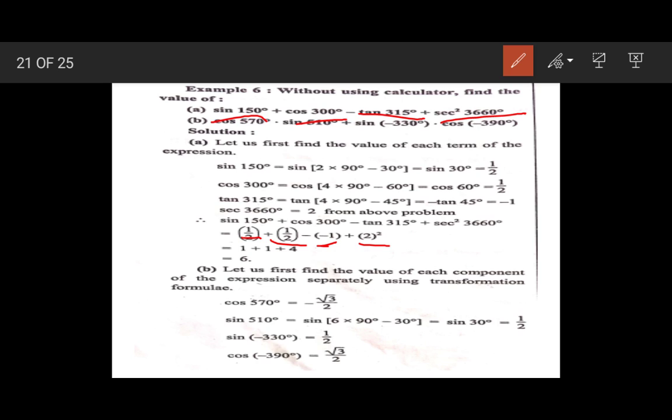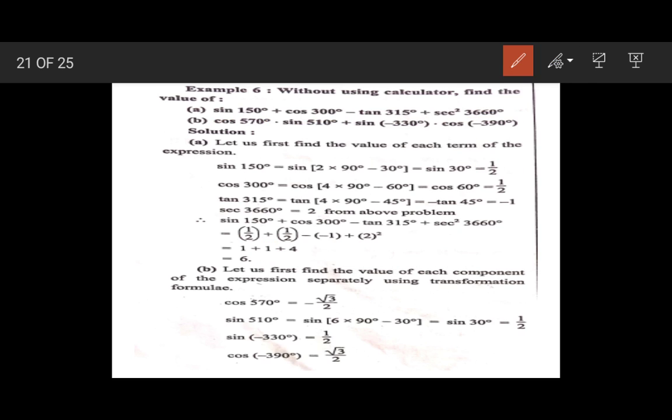Okay, so after solving this we get 6. So without using calculator, we can find any trigonometric ratios, or we can add trigonometric ratios by using allied and compound angle concept. So one more example is there.